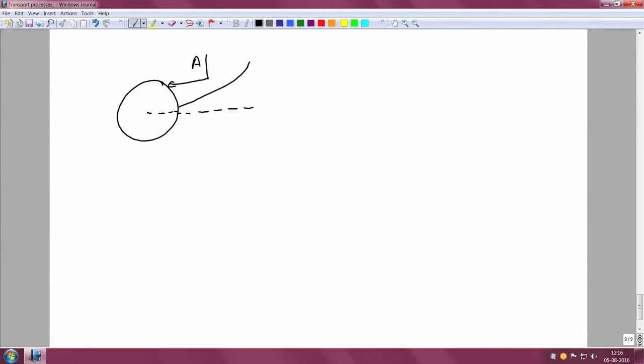It varies continuously as you approach the particle. So, our attempt will be to first predict the entire concentration field around the entire particle. How does it vary with position at each location around the particle? And once I have that solution, I can then find the flux at the surface of the particle, and from that the average flux.